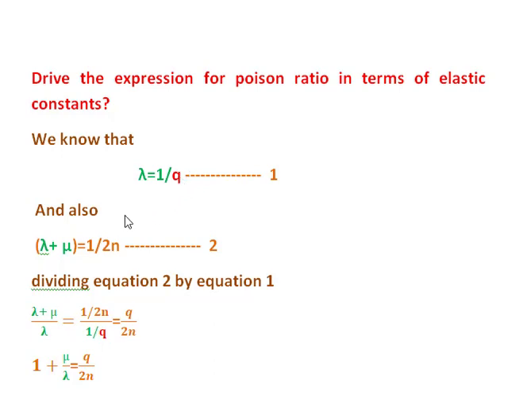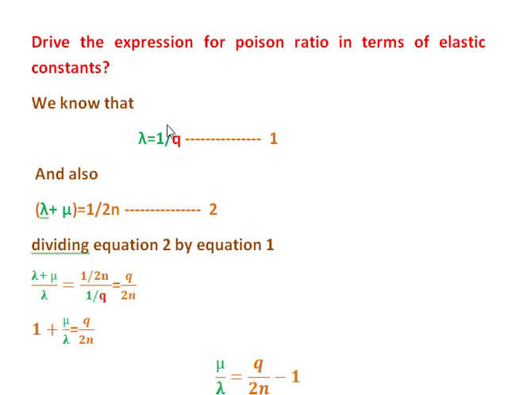And also lambda plus mu, where lambda is elongation and mu is the contraction, is equal to 1 by 2n, where n is the rigidity modulus. So divide equation 2 by equation 1.